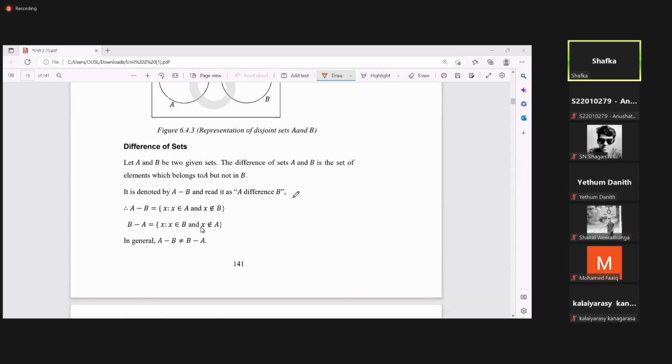And then the difference of sets. Let's say we are considering the difference of A and B. A minus B. A difference B. When you have a set A and you have another set B, what should be the A difference B region? Is that 1? Is that 2? Is that 3?